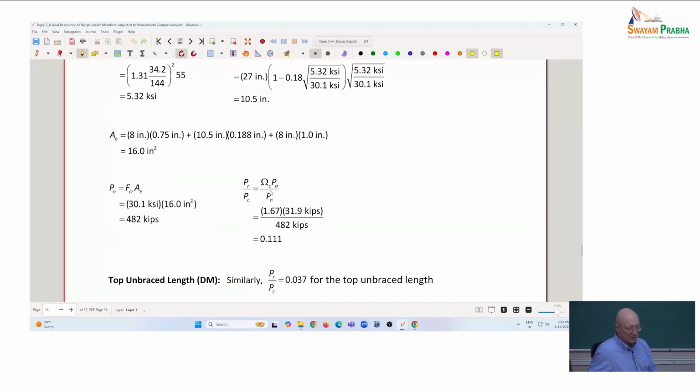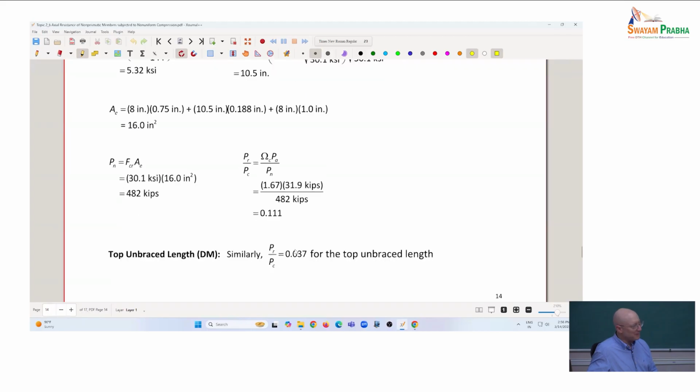For allowable stress design, that's the applied load we started with, 31.9 kips, divided by Pn, 482, divided by the factor of safety of 1.67. So we got 0.111.